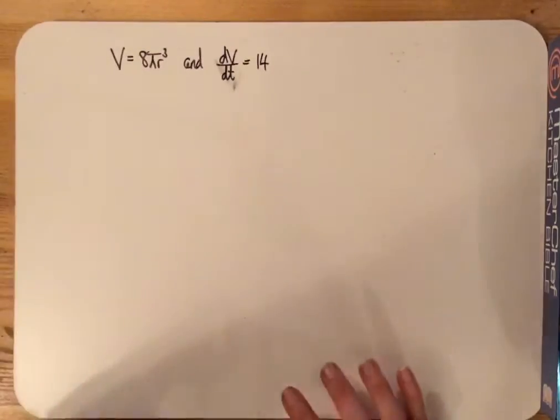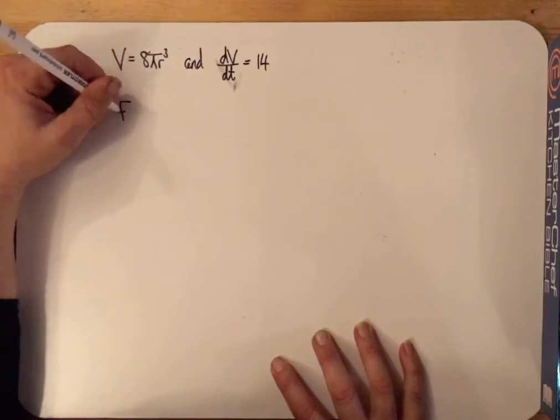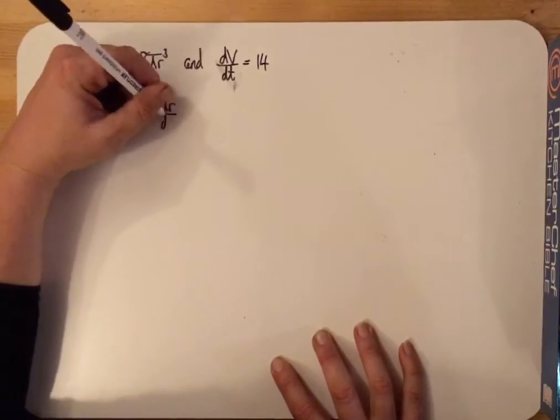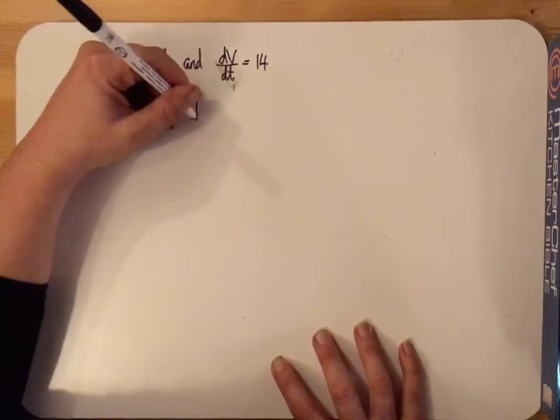This doesn't have to just be a number, they just happen to be in this example. And we want to find dr/dt, so the rate of change of the radius when r is equal to 4.